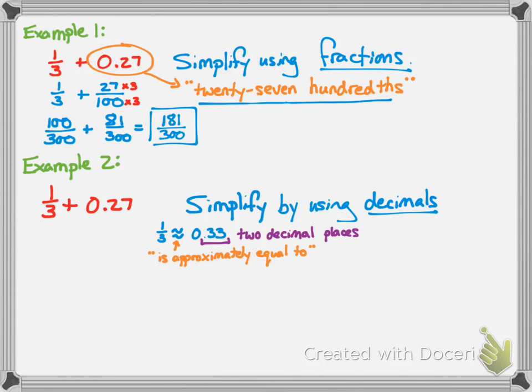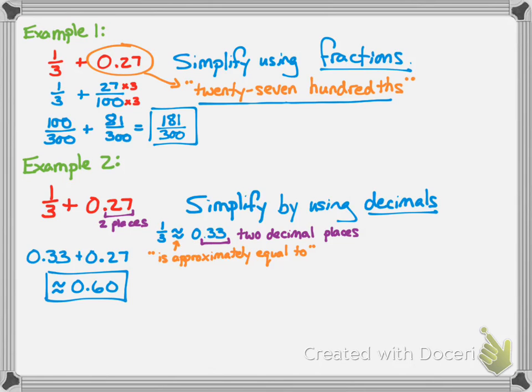The reason why we're only going to go to 2 decimal places is, look at the rest of the problem. You have 1/3 plus 27 hundredths. That 27 hundredths is the key. If there's only 2 decimal places in your problem, that's as far as you need to go in your repeating decimal. So remember, a repeating decimal, a rational number, you can rewrite so that it is approximately equal to 0.33 in this case.